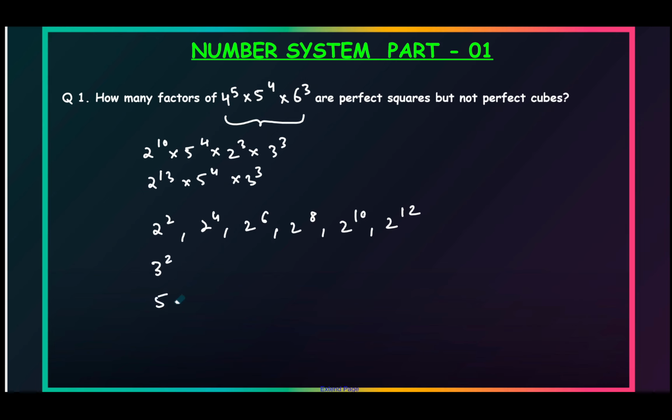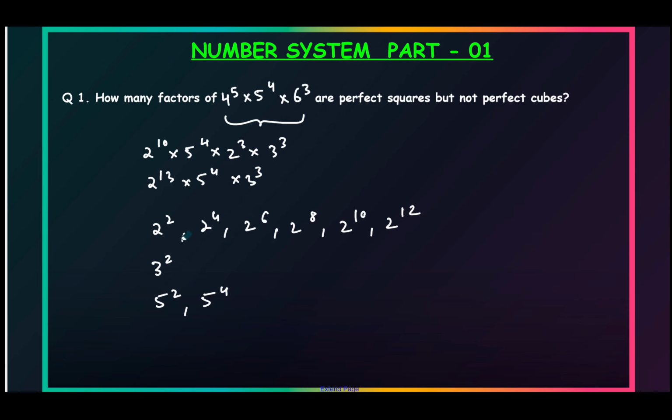For 5 it will be 5 to the power 2 and 5 to the power 4. Now we have to find all the combinations, because these are the individual factors. But when we take the product of any two or three numbers, like 2 to the power 2 times 3 to the power 2, this is also a perfect square factor of the number.